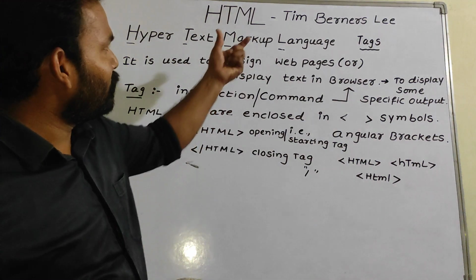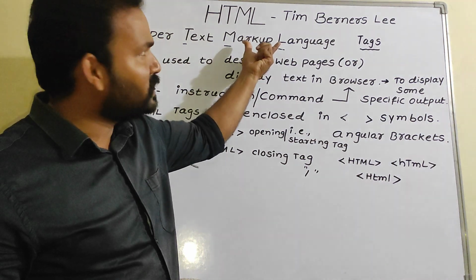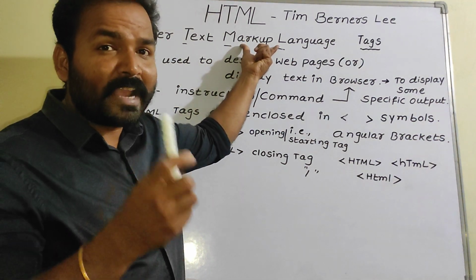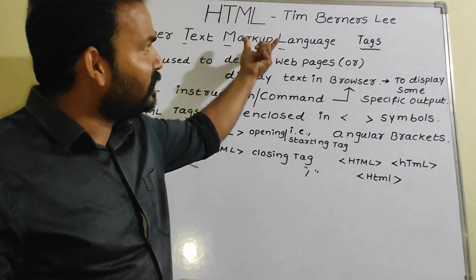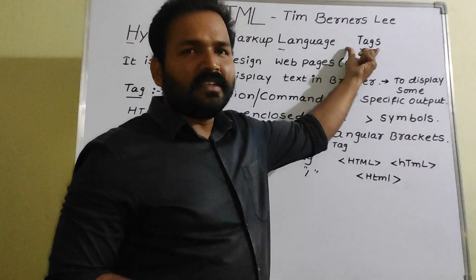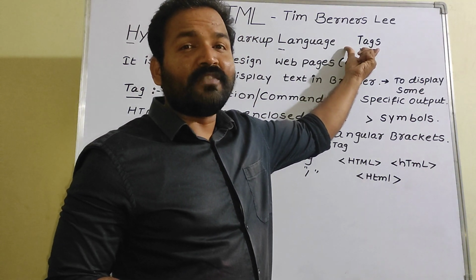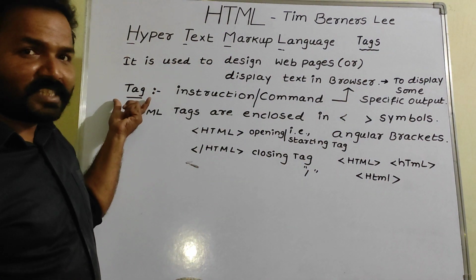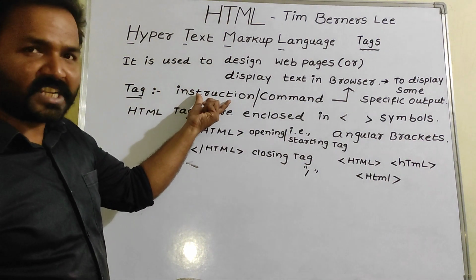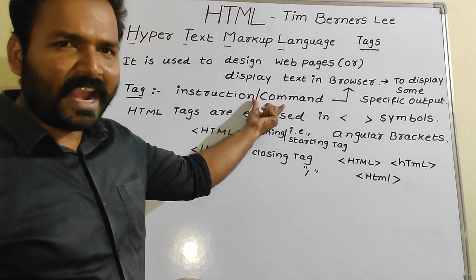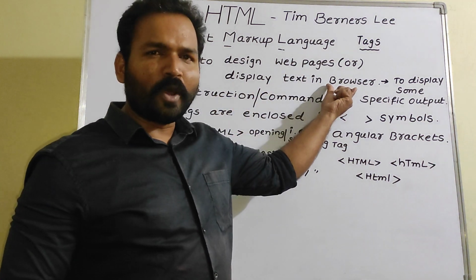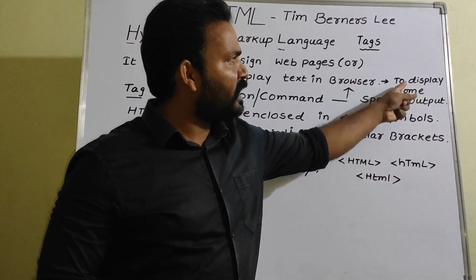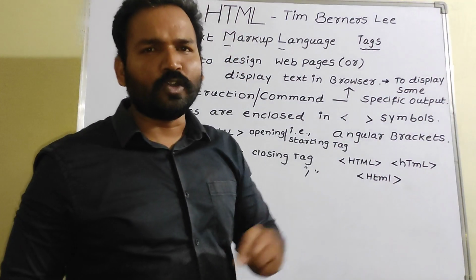Is it clear? Markup language. What is a markup language? A markup language is a language in which syntax will be in the form of tags. What is a tag? An instruction or command to a browser to display some specific outputs.